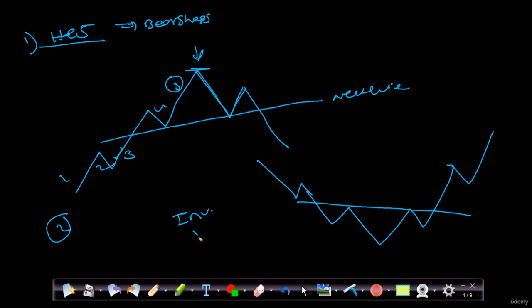The inverted head and shoulder is also a sign of trend reversal, but this is a sign of an upside or uptrend. If you check the pattern in the live market, you will realize that it's nothing but the Elliott theory. As I said in the last video, you already know what Elliott theory means, but you are not aware that you are indirectly following it. Now this concept is clear for you, right?